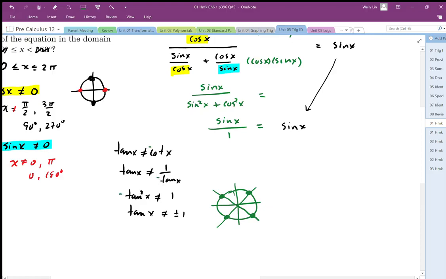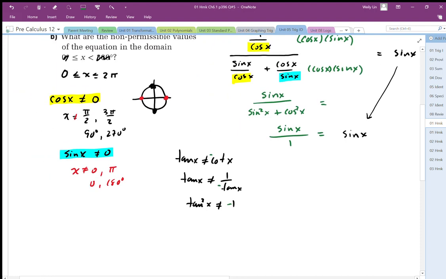So negative tan squared is equal to negative 1, and we should have concluded that tan squared is not equal to negative 1. So that never happens. Tan squared cannot be equal to negative 1. So there's no restrictions for this denominator here. Then the only restrictions are in terms of sine x and cos x equaling 0. So these solutions and these solutions are our non-permissible values.